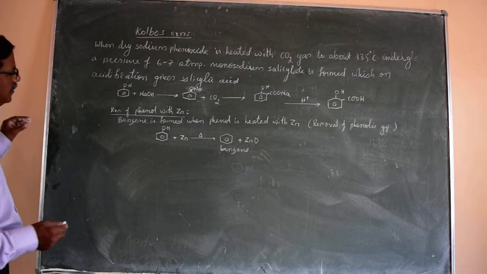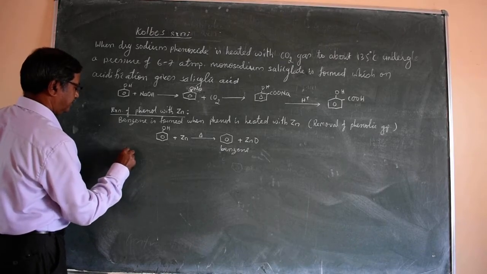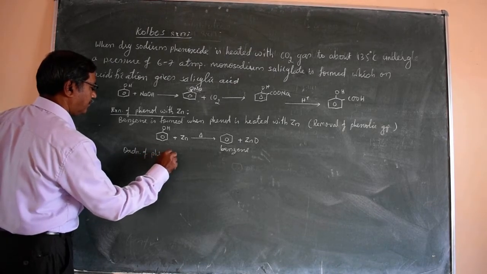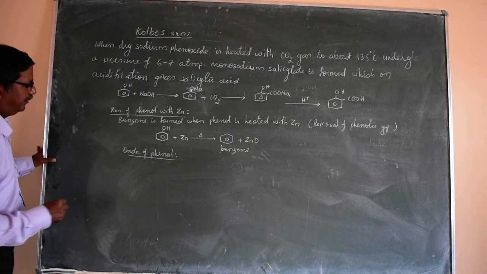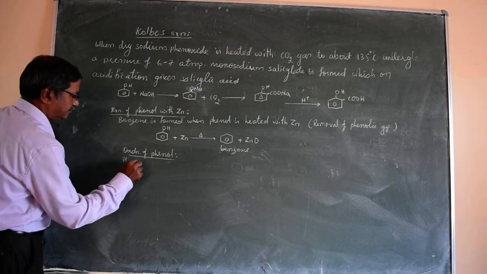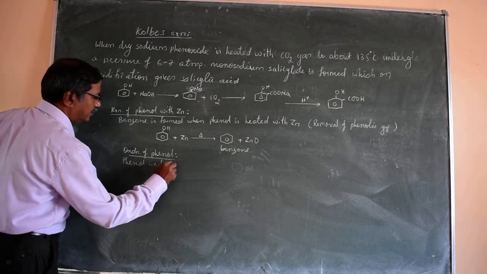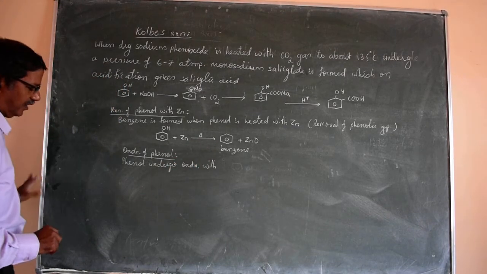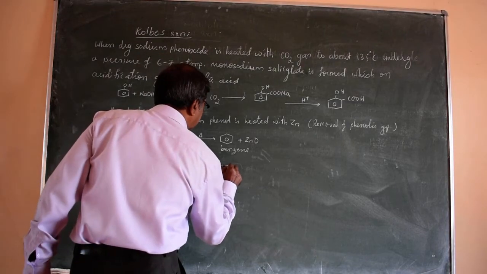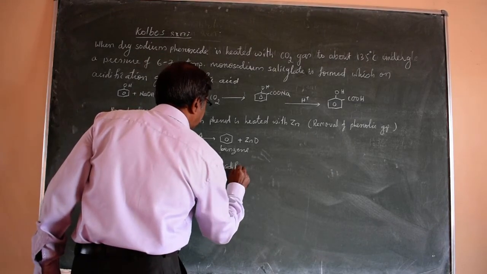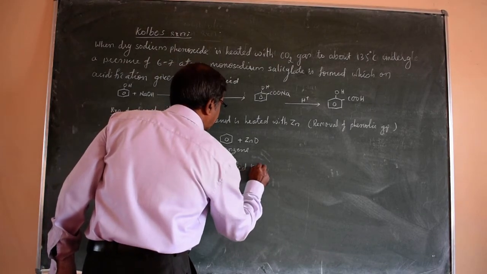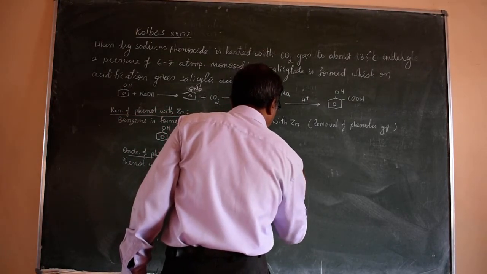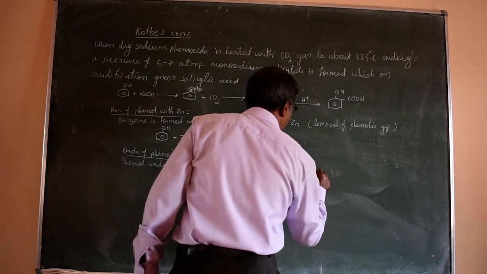After this, oxidation of phenol. Phenol undergoes oxidation with acidified potassium dichromate, K2Cr2O7, to give benzoquinone.